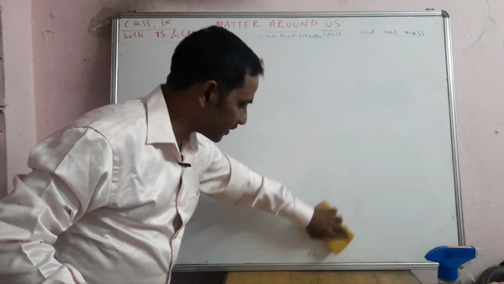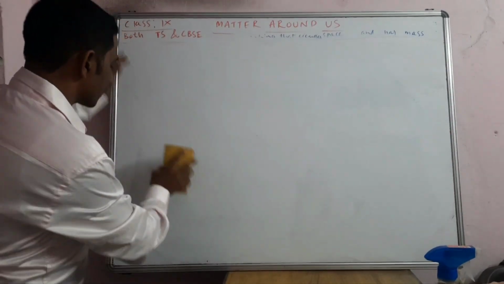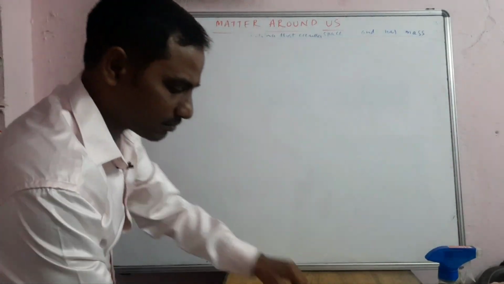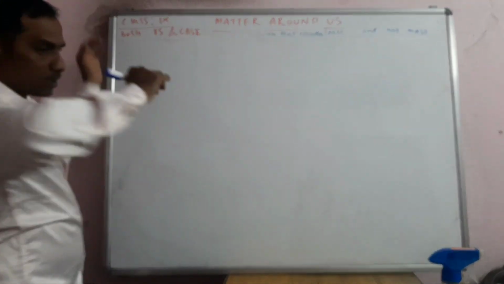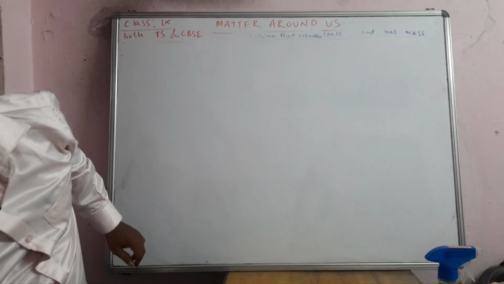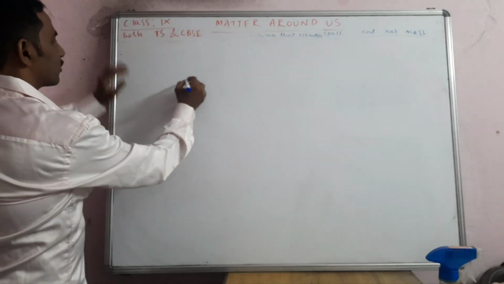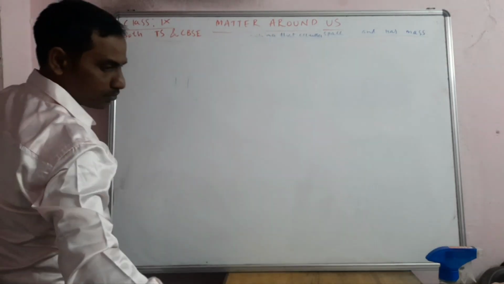This property can be explained by another experiment, on what factors affect the rate of diffusion. Diffusion you can simply take like this. For example, take one container, a round bottom flask, and I will draw the diagram so that you will understand.